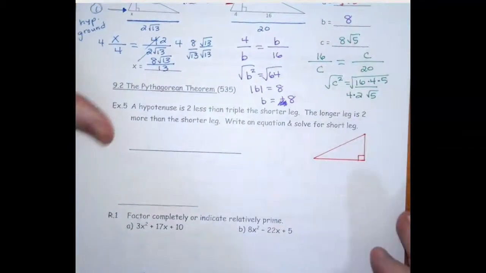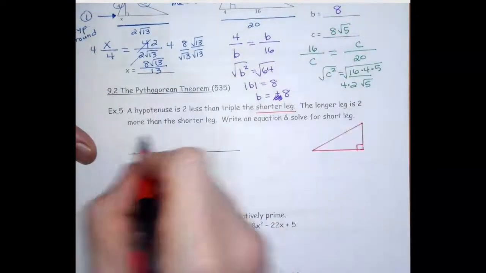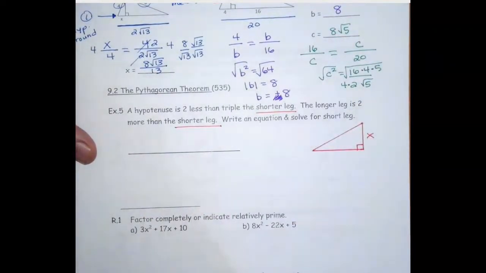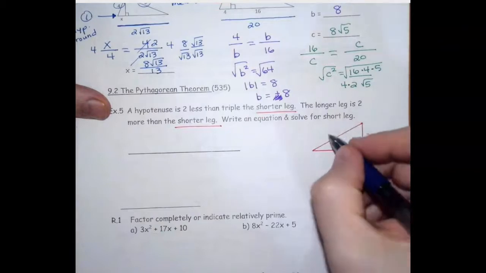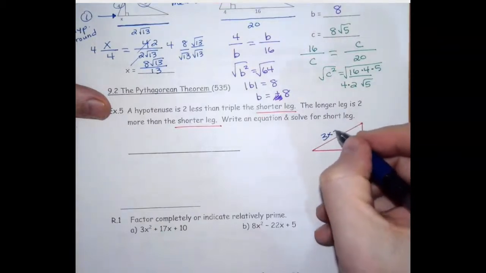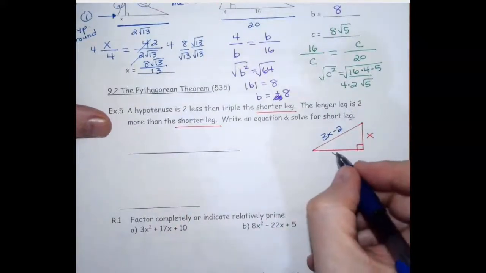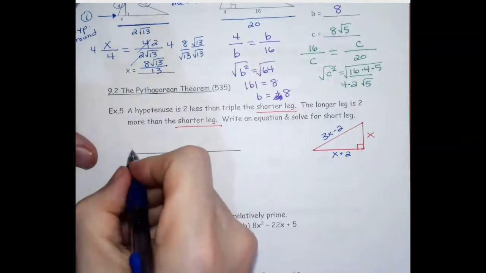So, we're going to do this. Short leg, they're both compared to the short leg, so that's what we're going to use for our variable. And then the hypotenuse is 2 less than triple. So 2 less than triple. And the longer leg is 2 more than the shorter leg. So that's going to be x plus 2.